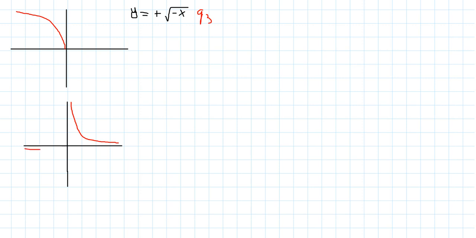In quarter number 1 and quarter number 3, it is y equal 1 over x. It means 1 over x, and x should be positive. Here is the graph of y equal 1 over x, and we have y equal minus 1 over x. Let's draw here. Y equal minus 1 over x.